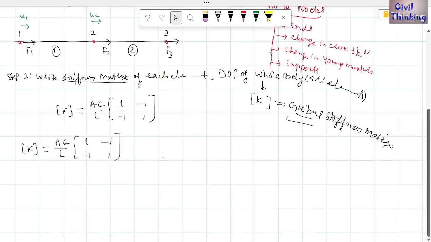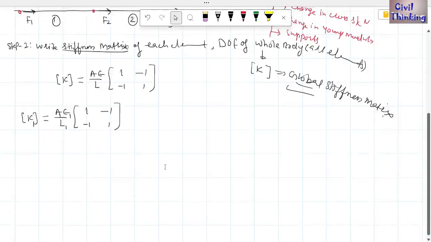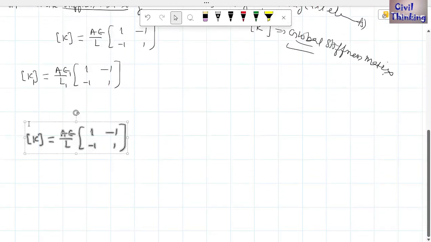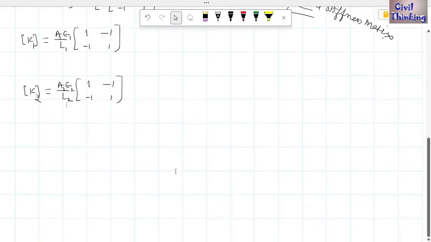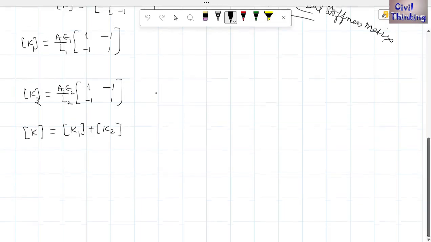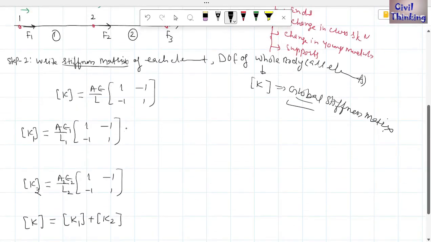So here it is our K1, so it is going to be A1 E1 by L1. Okay, then we will find K2, so K2 is A2 E2 by L2, and then we will find the global stiffness matrix, which is the sum of the stiffness matrix of each element. Okay, so we only have two elements, so the sum will give you the global stiffness matrix. Okay, so for this let us put the values.